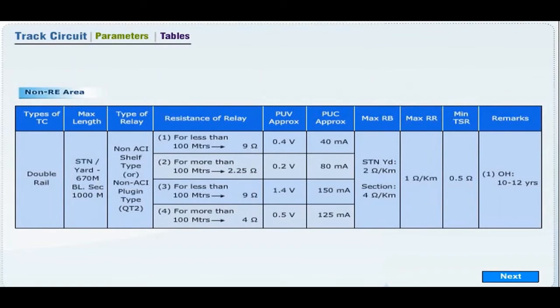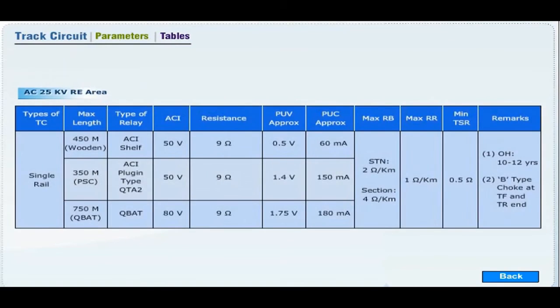This table consists of all parameters of track circuit for non-RE area. This table consists of all parameters of track circuit for RE area, shown on the screen.